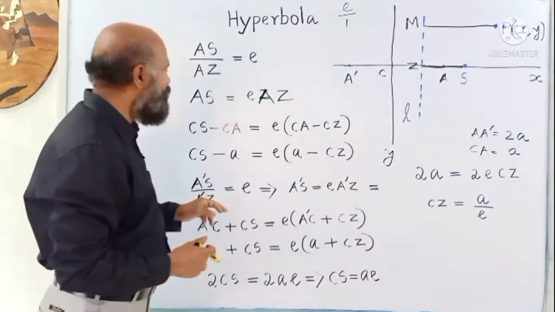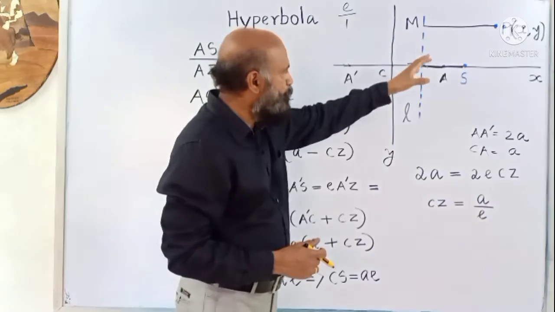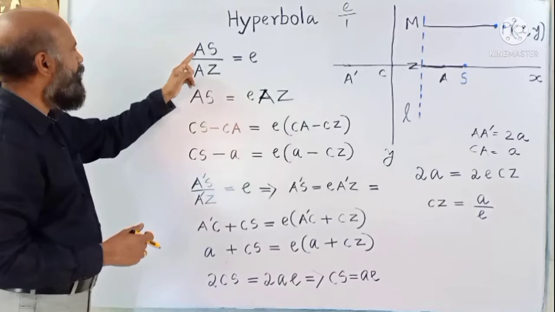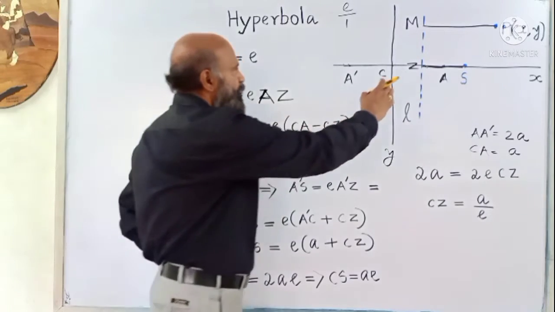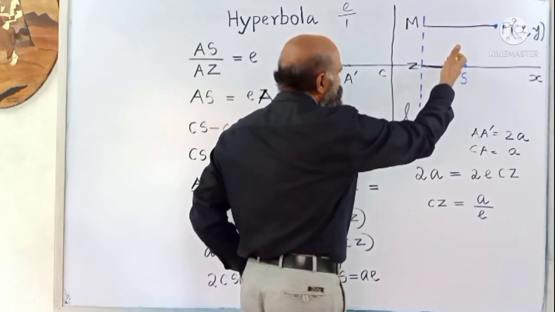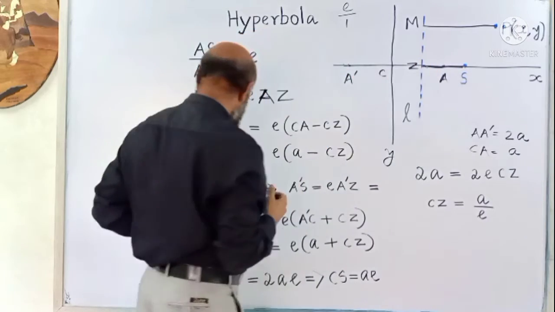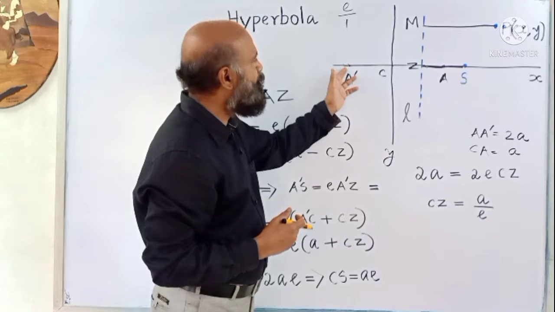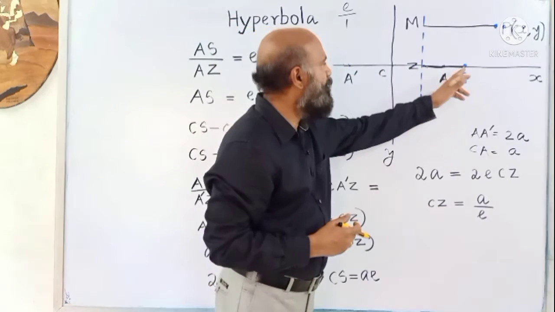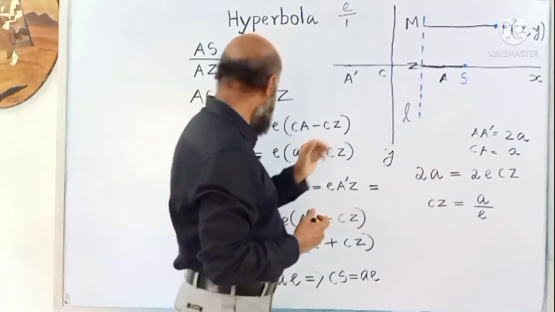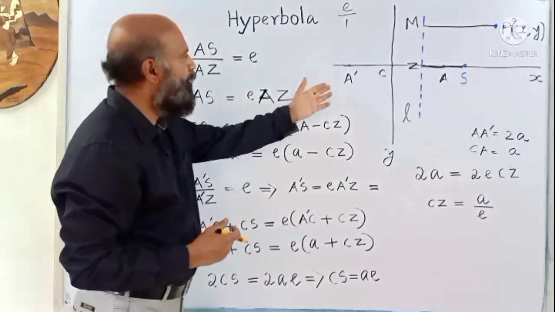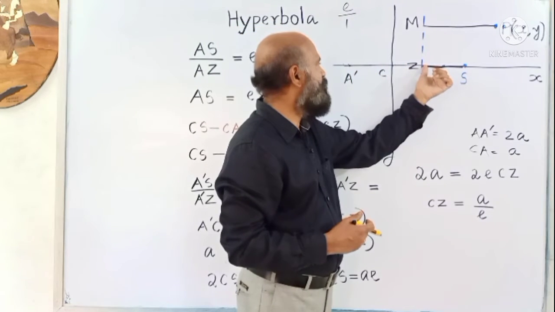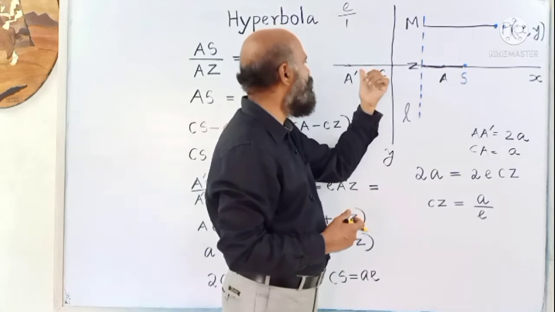Then you can write the expression for this side, A dash S by A dash Z. A dash is dividing SZ externally in the ratio e is to 1.